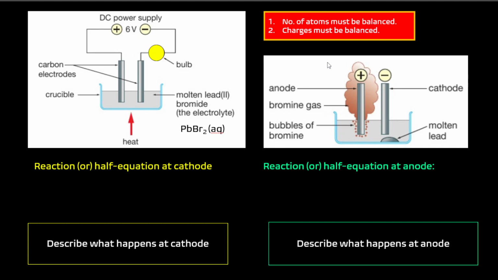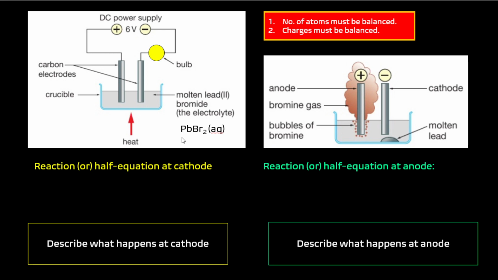Now, during electrolysis, we need to be able to write down reactions at the cathode and reactions at the anode. So for the equation to take place, the number of atoms must be balanced, and secondly, your charges must be balanced. So let's try to write down the equation at the cathode.